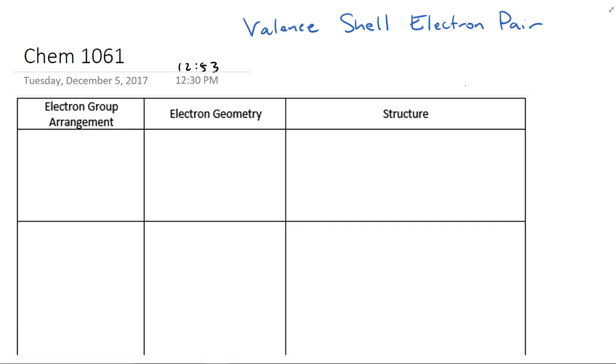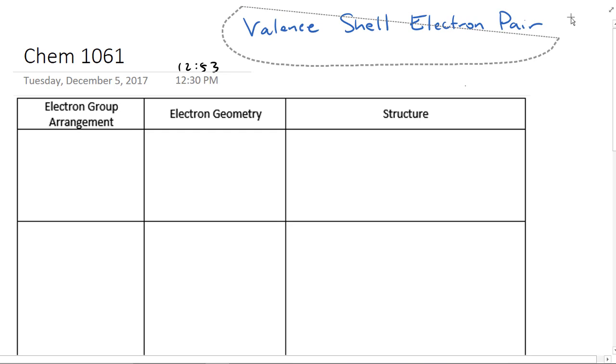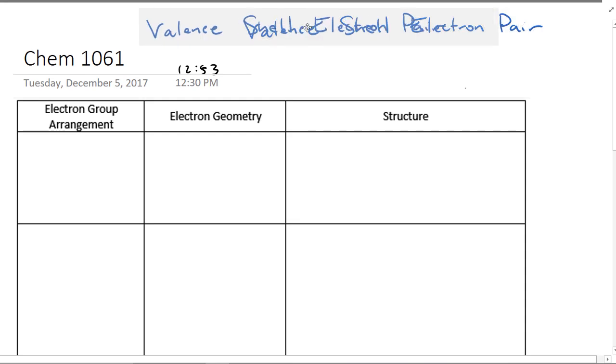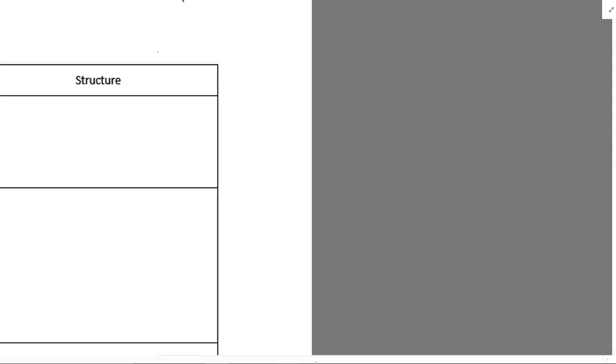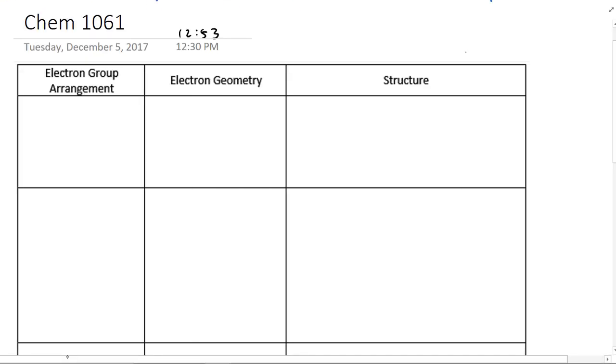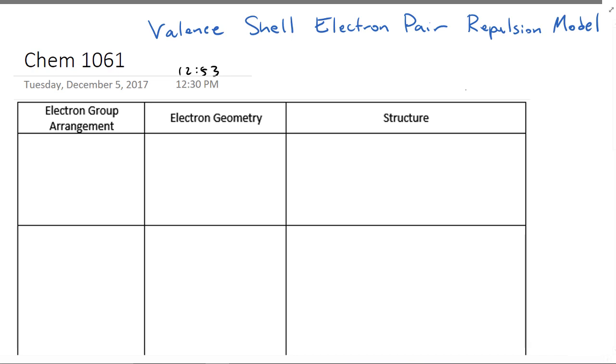I'm writing too big here, so I'm going to have to slide this over. Look at the valence shell electron pair repulsion model. And if we were to underline the first letter of each one of these, VSEPR. Chemists often refer to this as VSEPR.